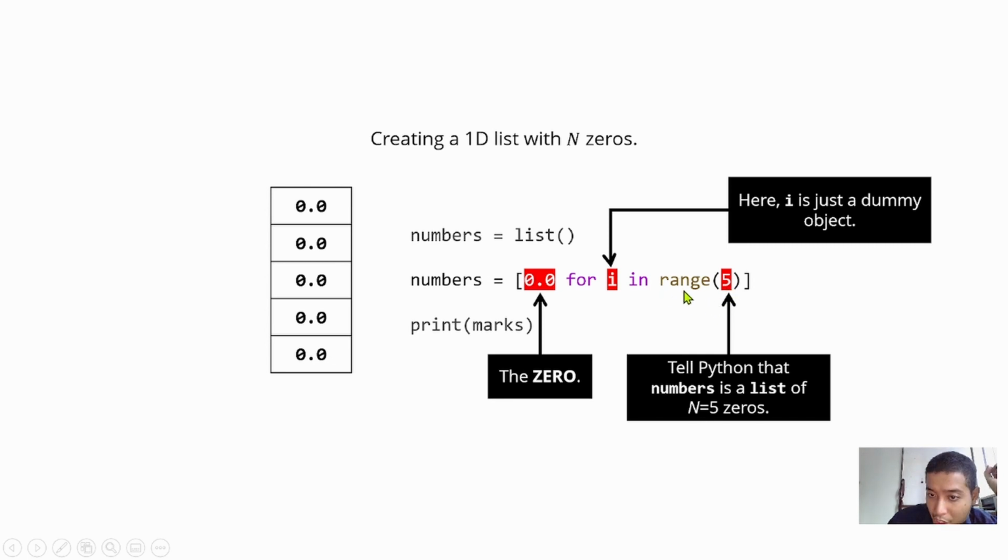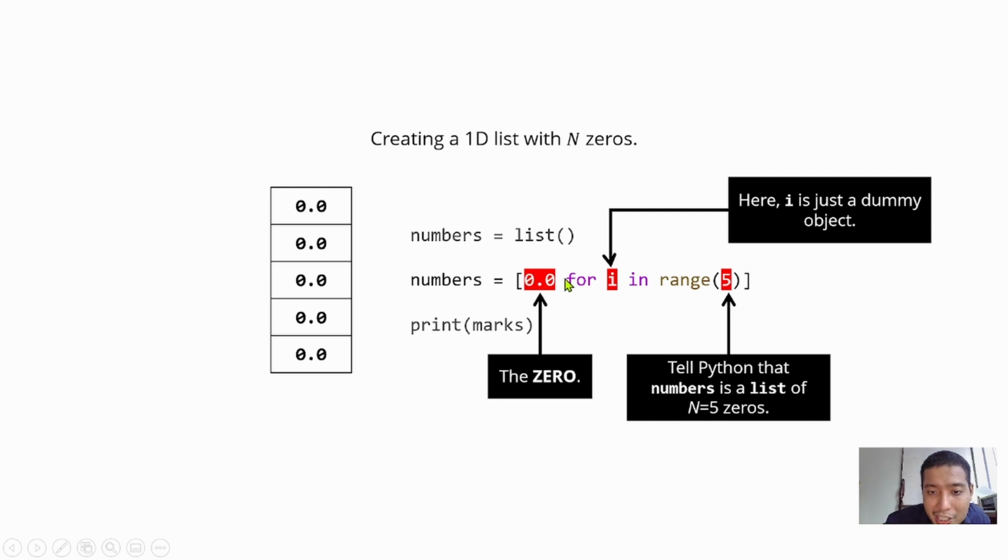So here the range is 0, 1, 2, 3, 4. If you count 0, 1, 2, 3, 4, the total number of elements is equal to 5. So 5 here seems like the size of your list. You want to create 0, 1, 2, 3, 4. You are not using the i here, so that's why it has nothing to do with the sequence 0, 1, 2, 3, 4.